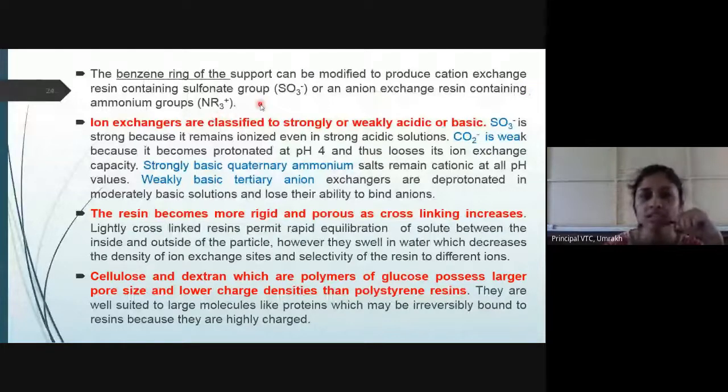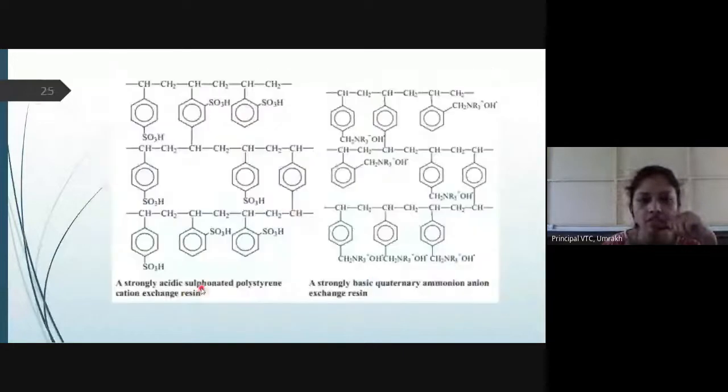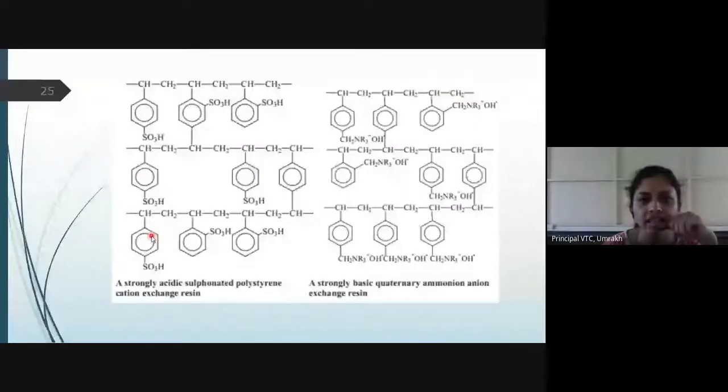In this figure we can see a sulfonated polystyrene cation exchange resin. One polymeric chain is cross-linked with another polymeric chain, and the modification is done at the benzene ring. These two polymer chains are attached to each other.